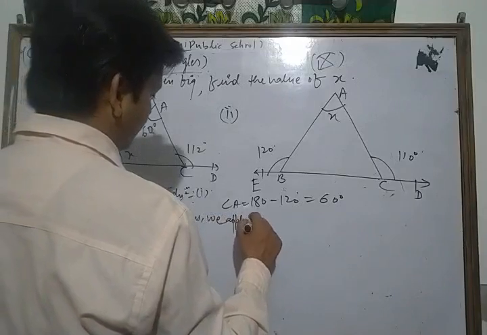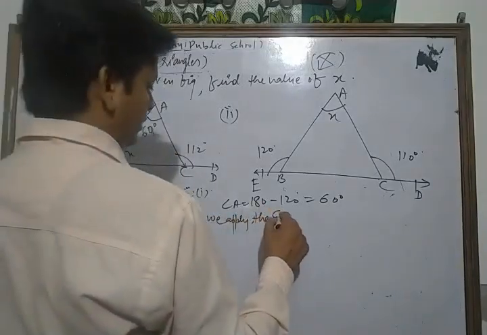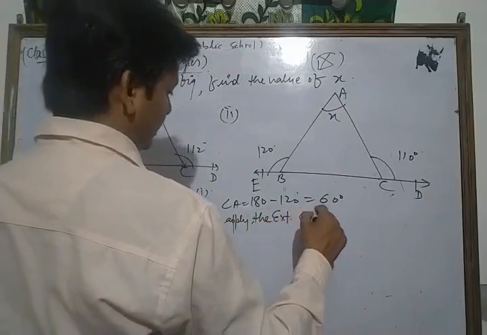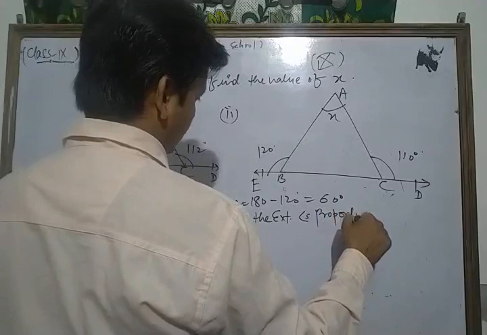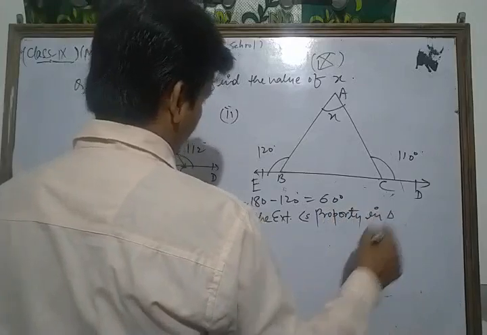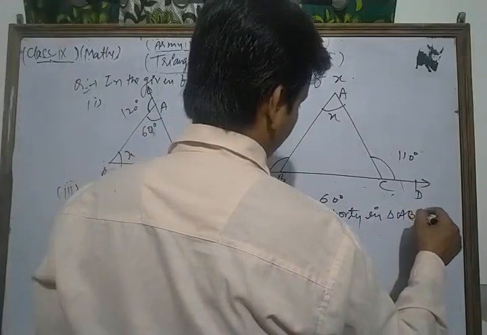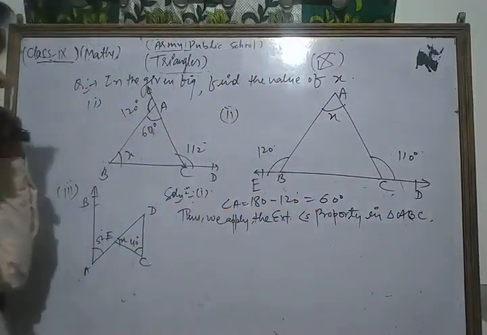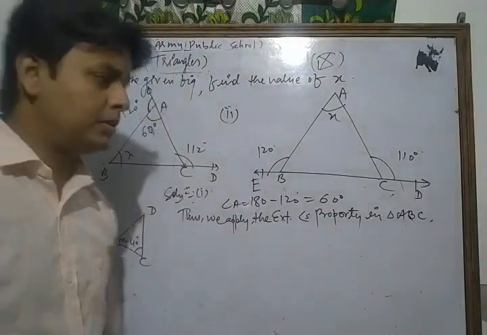Now we apply the exterior angle property in triangle ABC.